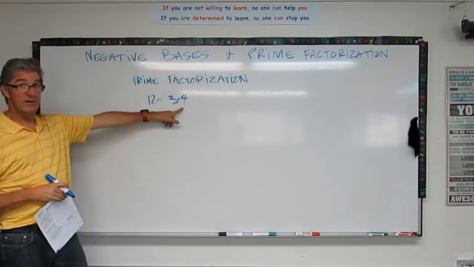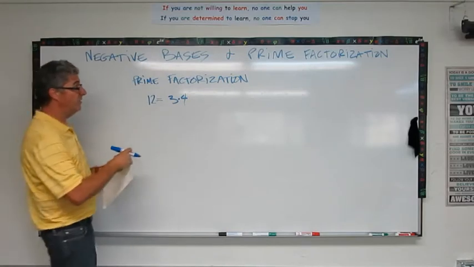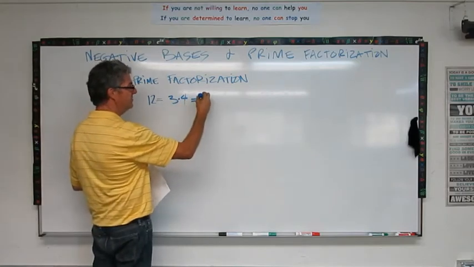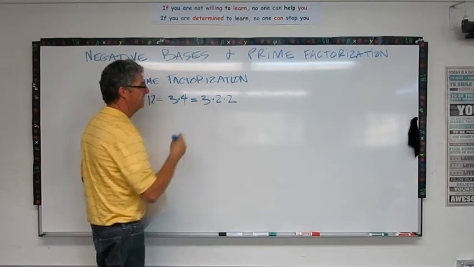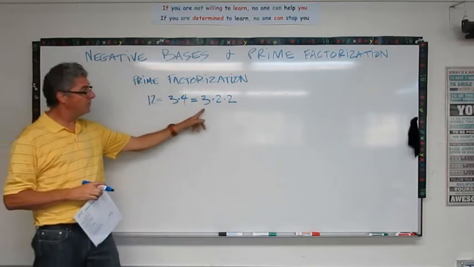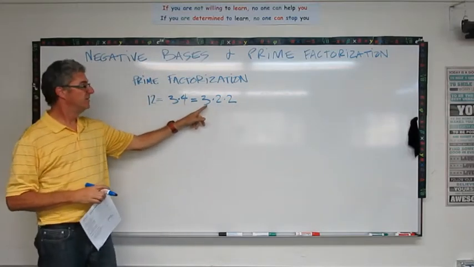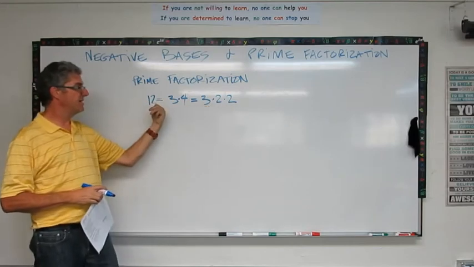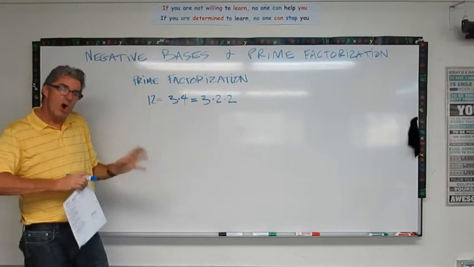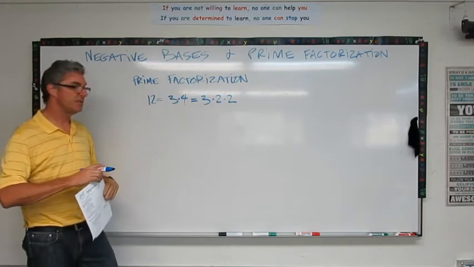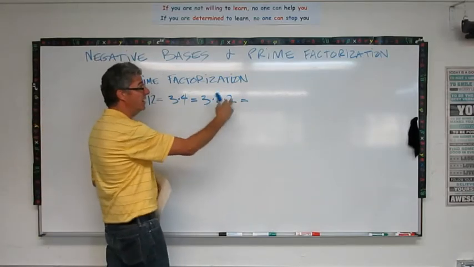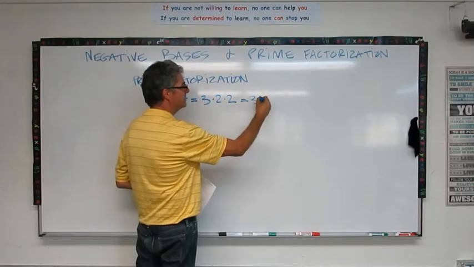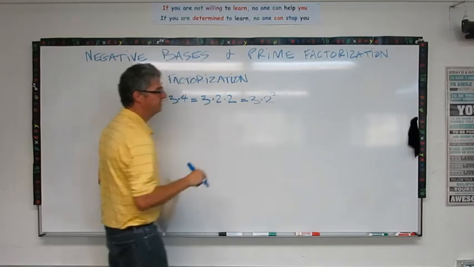However, 4 is not a prime number, so let's make it prime. Okay, so now we have only prime factors of 12. 3 times 2 times 2 does make 12. But now that we know about index notation, we can make this a little more simple. Because we know that 2 times 2 is 2 squared, so I can write 3 times 2 squared.